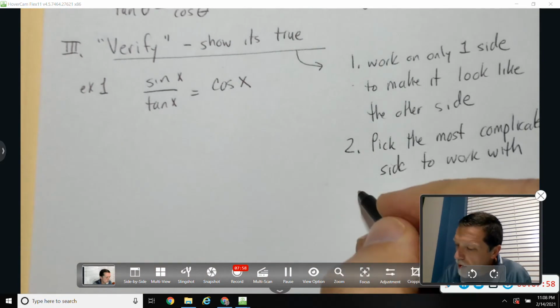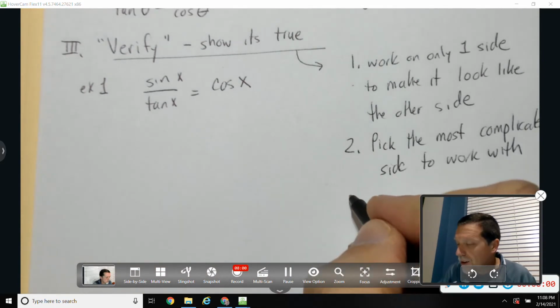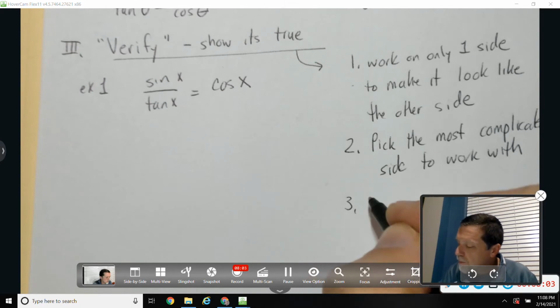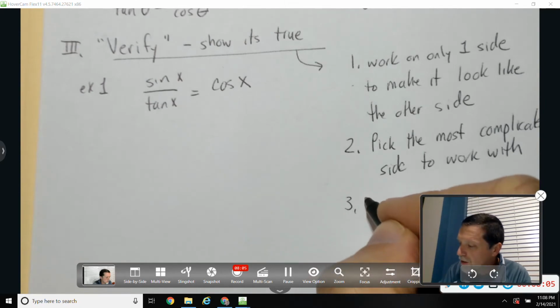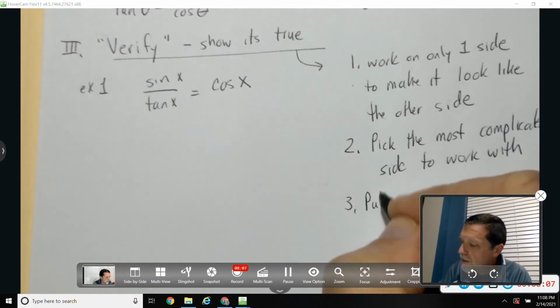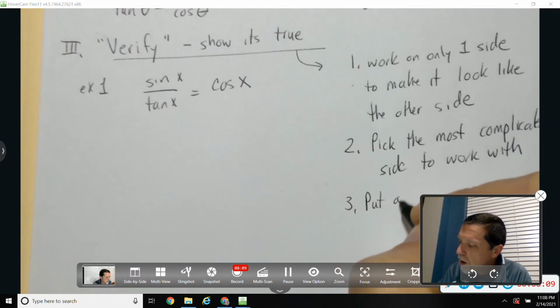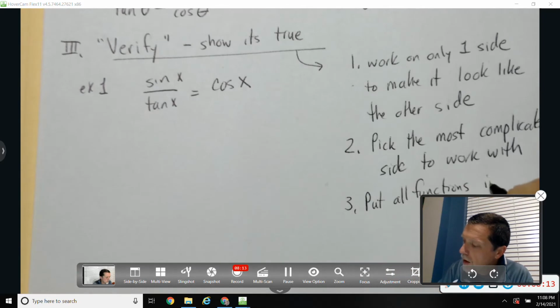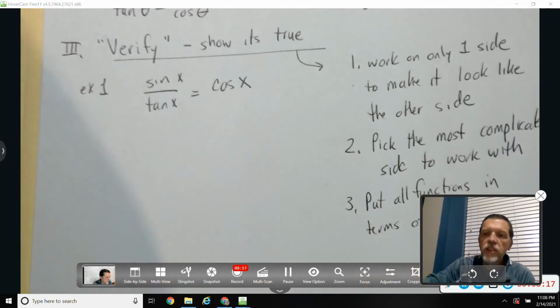A frequent option, not an all the time option, but something that usually works, especially today, is to put all functions in terms of sine or cosine.